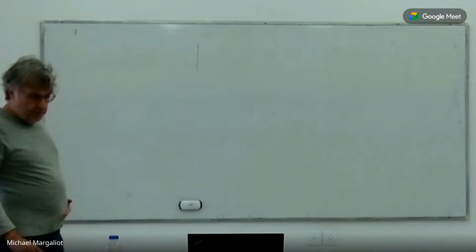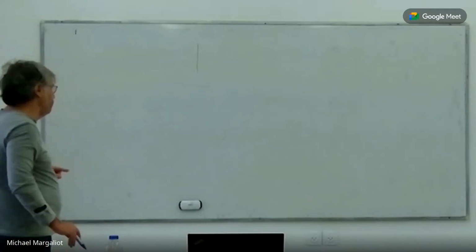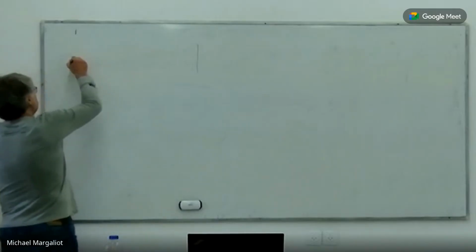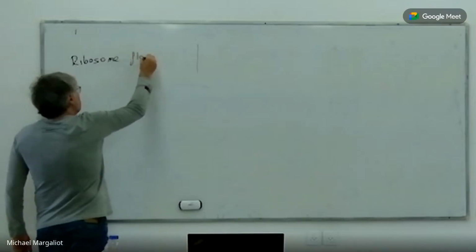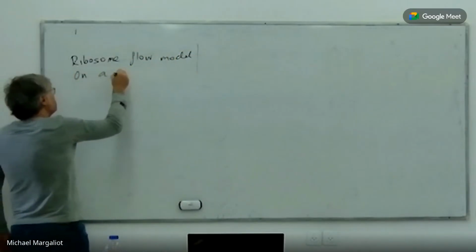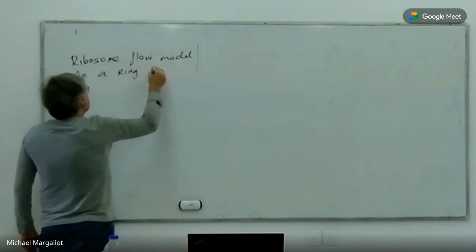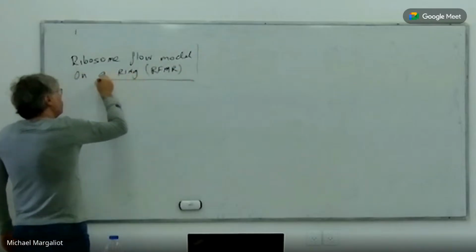So now, the plan of what we are going to do today and tomorrow, tomorrow is the last day. I want to talk a little bit about the model called ribosome flow model on the ring. Just to say a few words about this, because this is an important model in some sense.